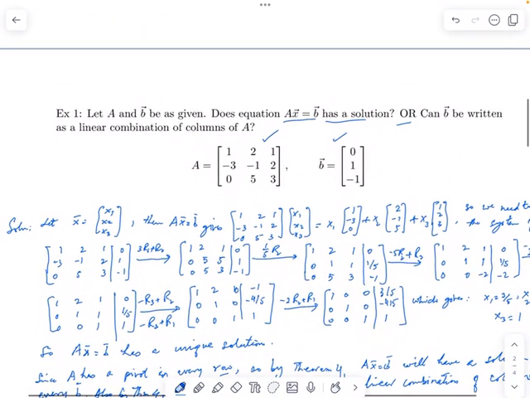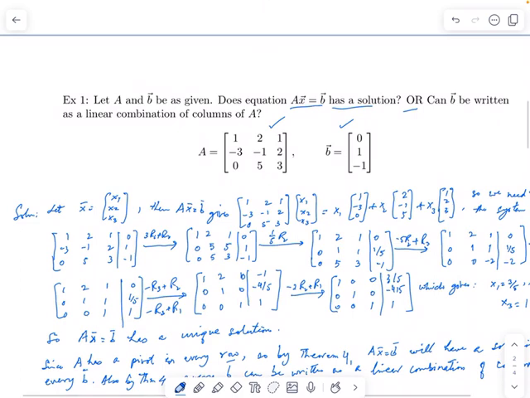Since we have to find out whether b can be written as a linear combination of the columns of A, let x be the vector x1, x2, x3. Then Ax = b gives us this, which can then be written as a vector equation like that.